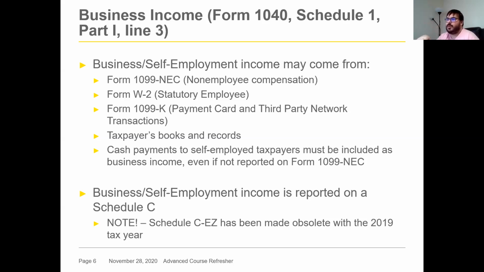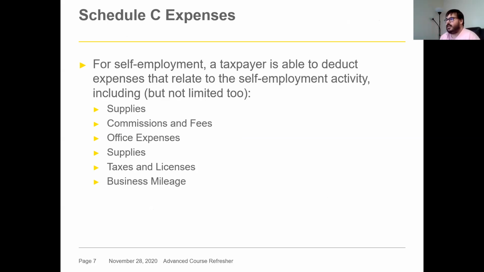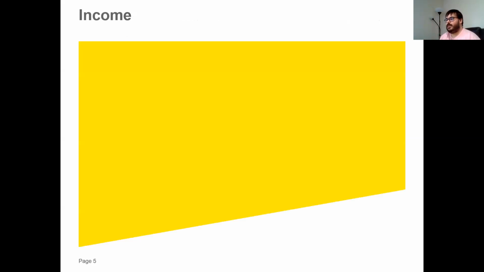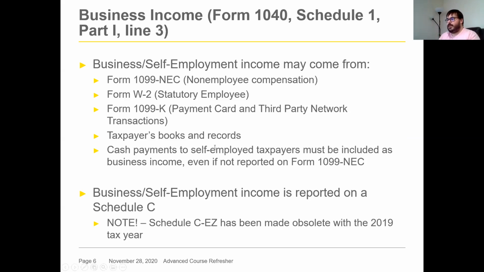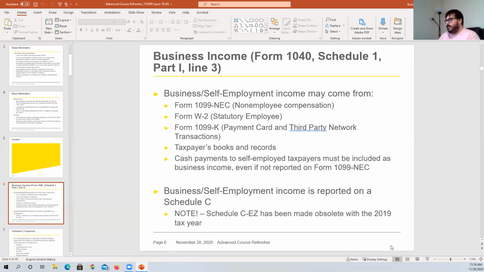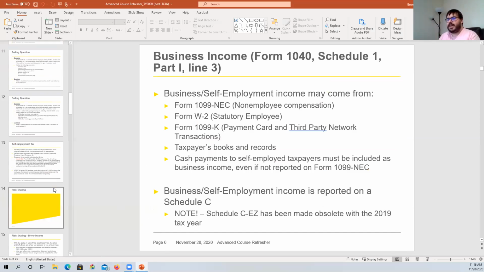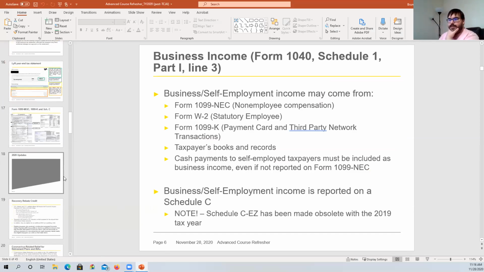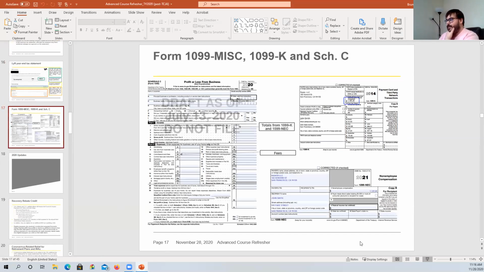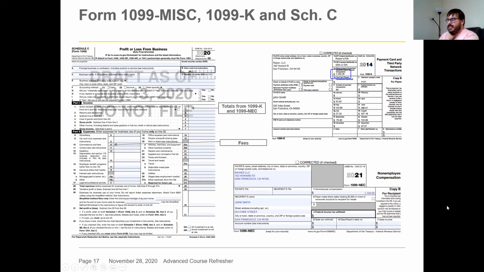Now we have a new form called a 1099-NEC for non-employee compensation. This is how it looks. It's just a little tiny piece of paper that literally just has a box 1 that says non-employee compensation. It's literally all just for that.